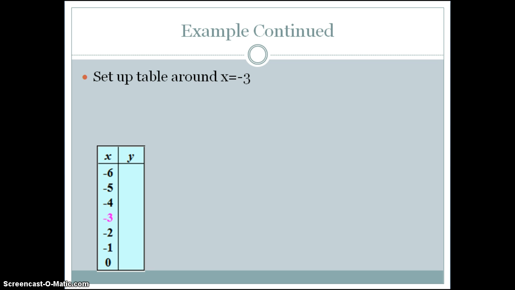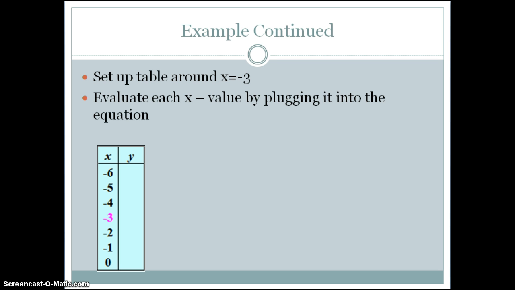Sometimes it doesn't work out the best, but this time it works out really well. So we evaluate each x value by plugging it into the equation. We did this a lot with linear. The process is exactly the same when it comes to quadratics. We take that x value, we plug it in, we solve. Go ahead, take a minute, pause the video, try that out on yourself before you continue.